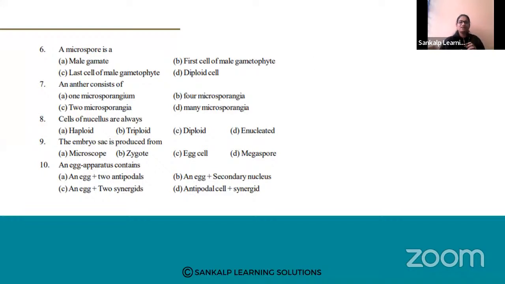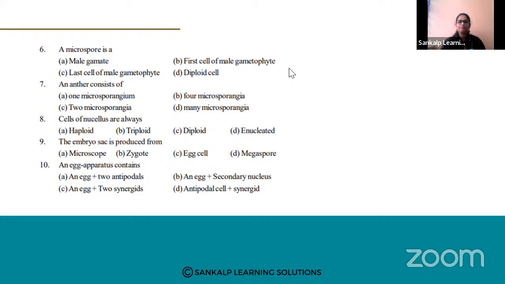Next. 10th question goes like this. An egg apparatus contains what? Option A, an egg, 2 antipodals. Option B, an egg, secondary nucleus. Option C, an egg, 2 synergids. Option D, antipodal cells and synergid. Very quick responses.